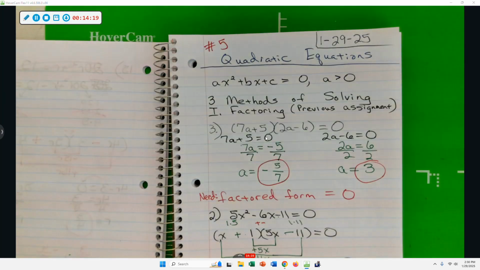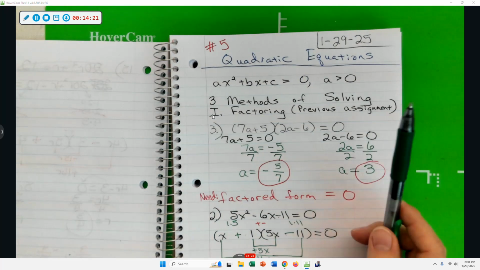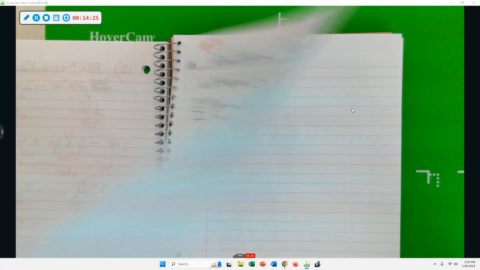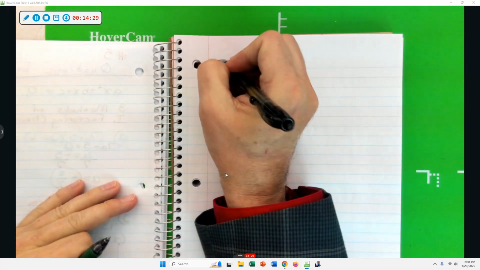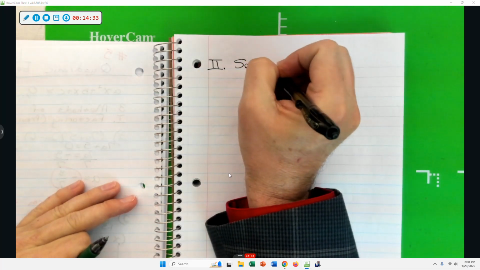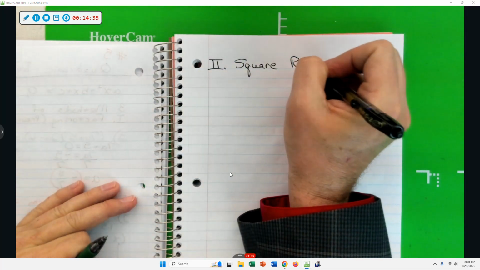So, Roman numeral 1, we said factoring, and that's from the previous assignment. Roman numeral 2, the square root method. This is new, by that I mean we haven't already done it, like the factoring.